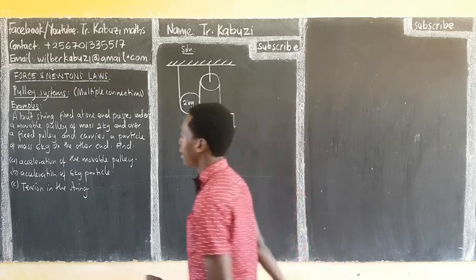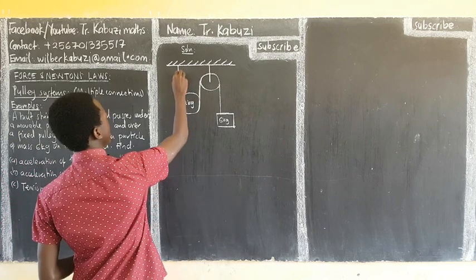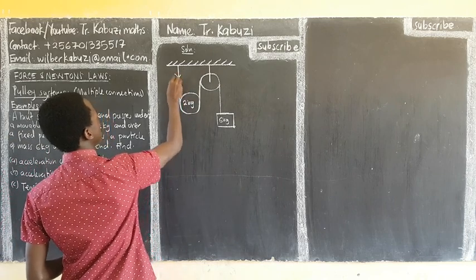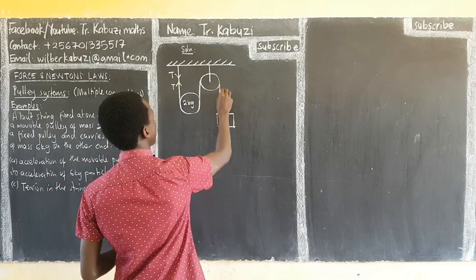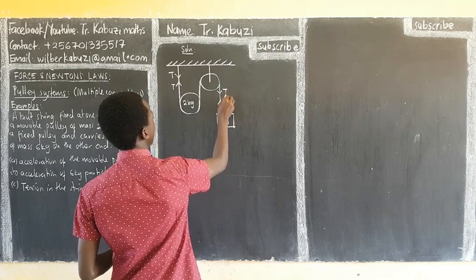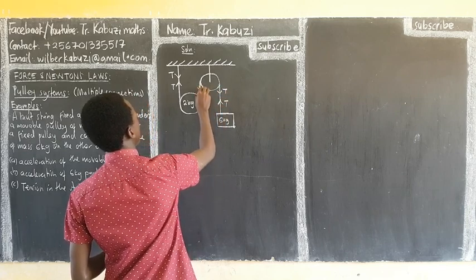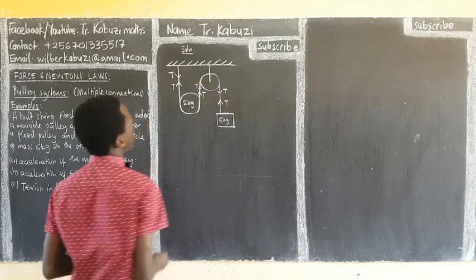Okay, find the acceleration. Of course, this string is going to be having tension in it, and the tension is going to be the same because it's the same string. Even here it's going to be T, then here T, and also T there.